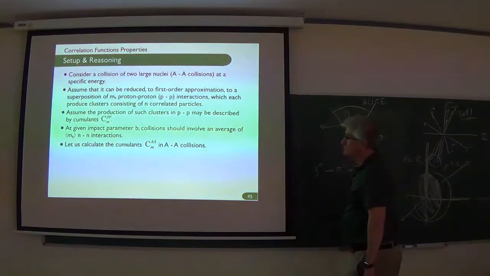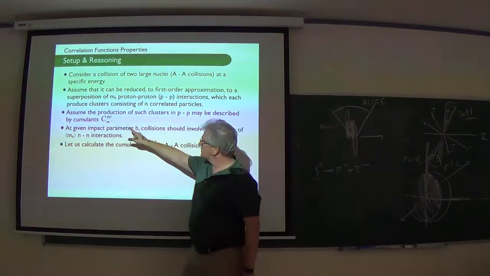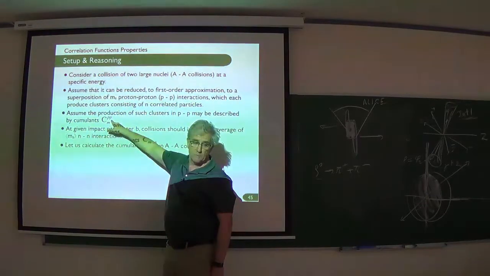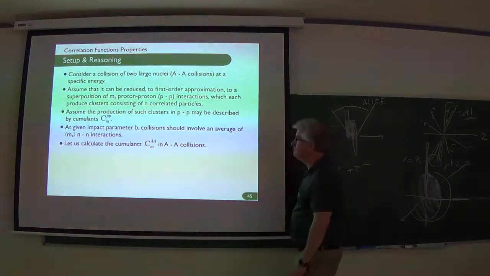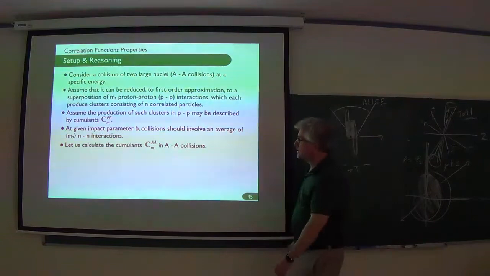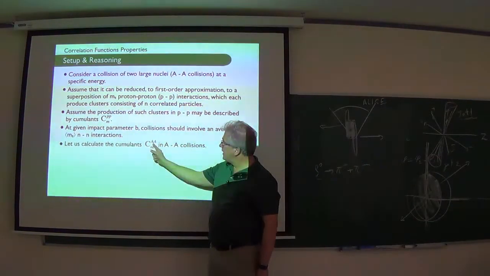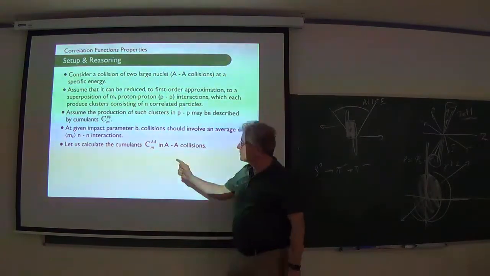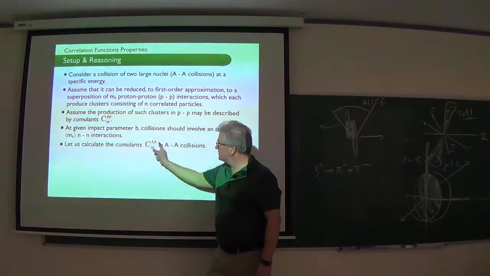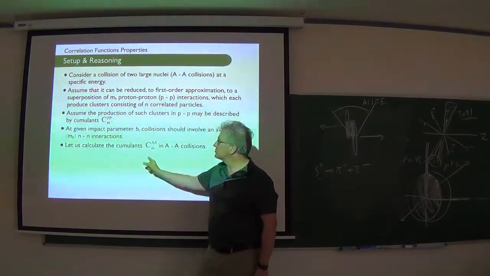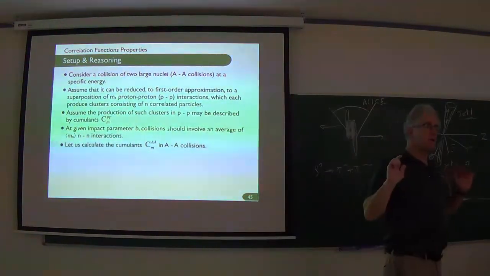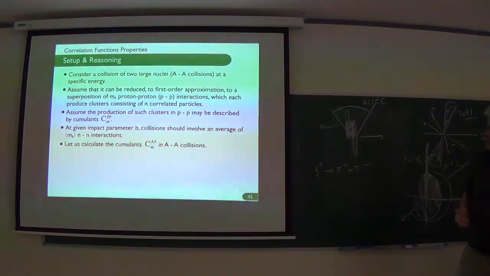The cumulants in pp collisions I'm going to call C_n with a label pp to denote that they're from pp. And I'm interested in measuring these cumulants in AA collisions, or Au-Au, or whatever. What I'm interested in now is relating these cumulants in AA collisions to those that would be measured in pp if nothing whatsoever interesting was happening.